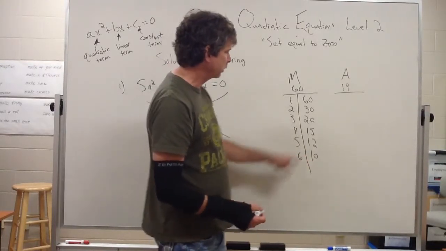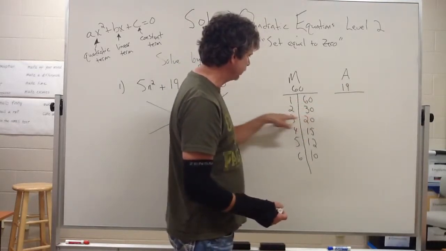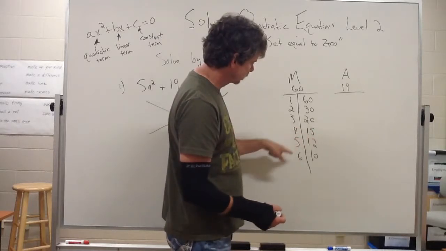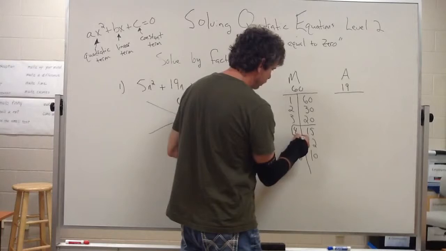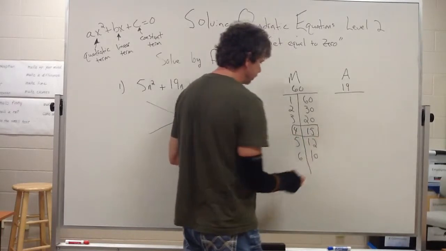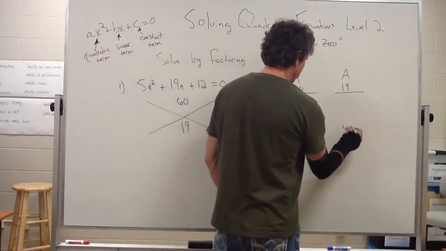Our next move is now to go to the adding piece of 19. Which of these pairs adds up to 19? This 4 and 15 looks like that's our winner. 4 plus 15 is our 19.